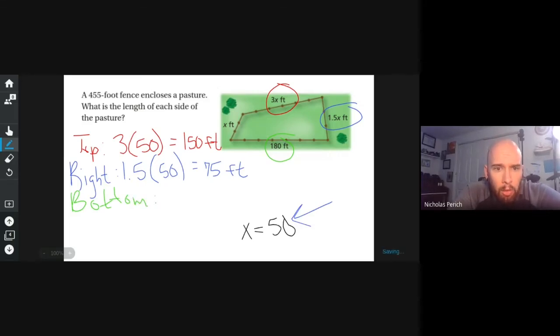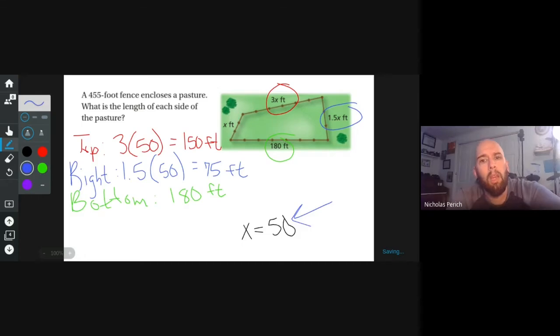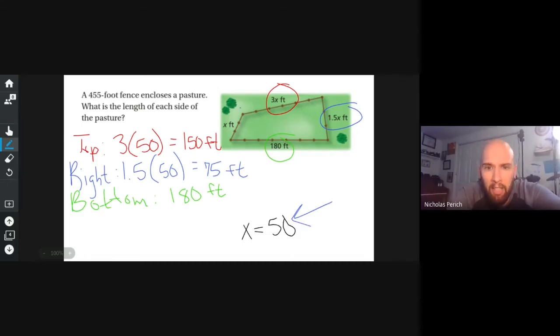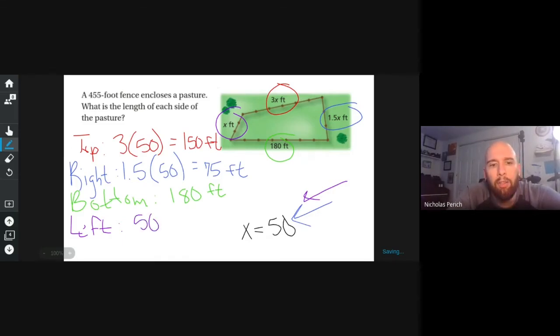And that's 180 feet. The left side is basically done. The left side's just x. What's x? 50. So the left side's 50 feet.